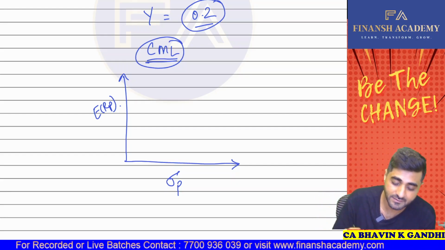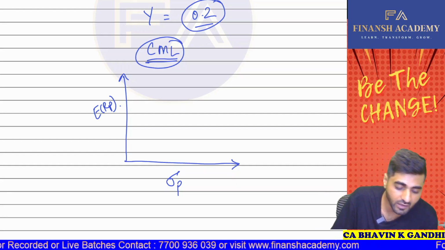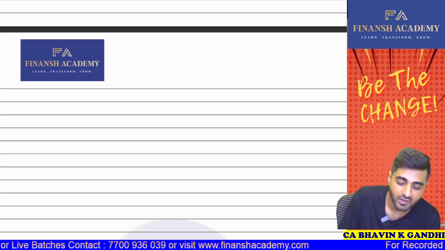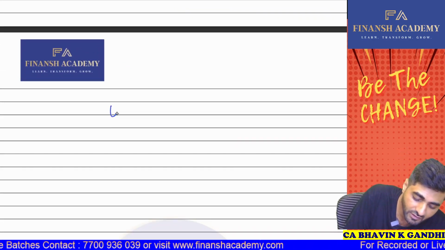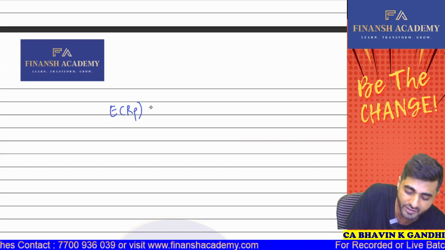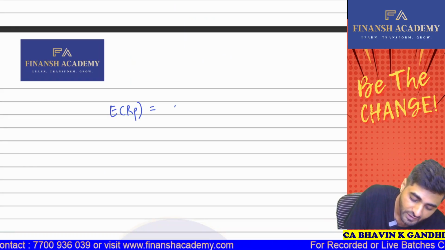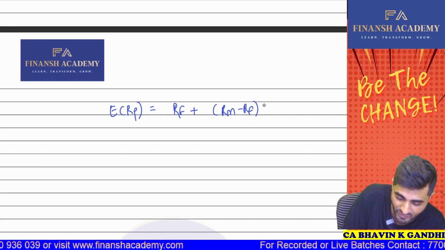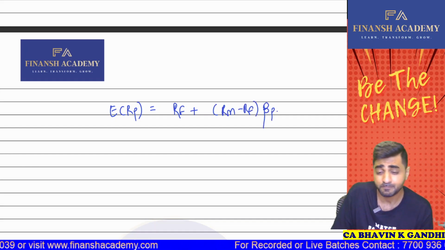Now, my dear students, how are we going to understand this? See, first of all, as you all are aware, how do you calculate the expected return on a portfolio? That's nothing but your risk-free rate plus RM minus RF into beta of the portfolio.